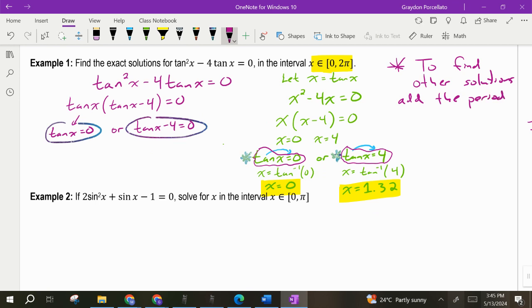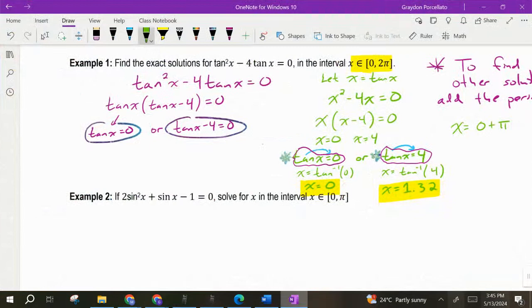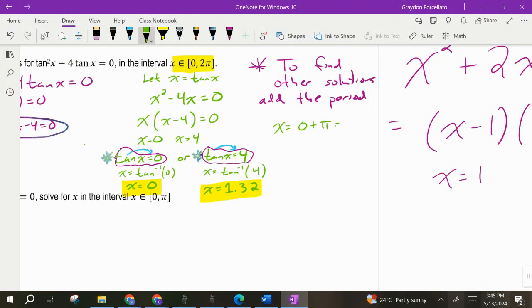If we know the period of tan is pi, then x equals 0 plus pi, which is equal to pi.